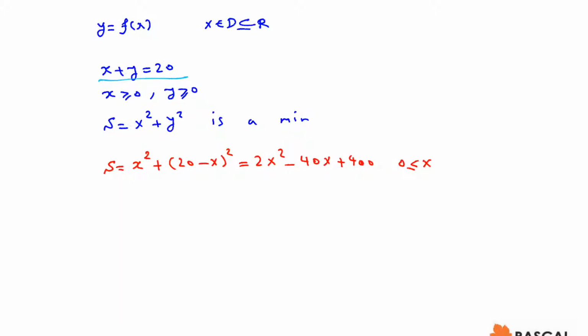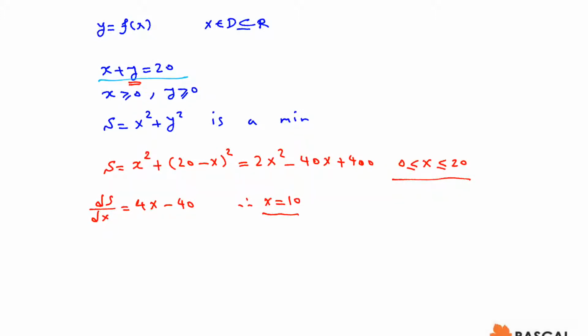That means x is greater or equal than 0 and less or equal than 20, because if x is more than 20, y would be negative. We find the derivative of the function, 4x minus 40. We set it to 0 and we find the critical numbers. We are looking for maximum minimum on a closed interval.